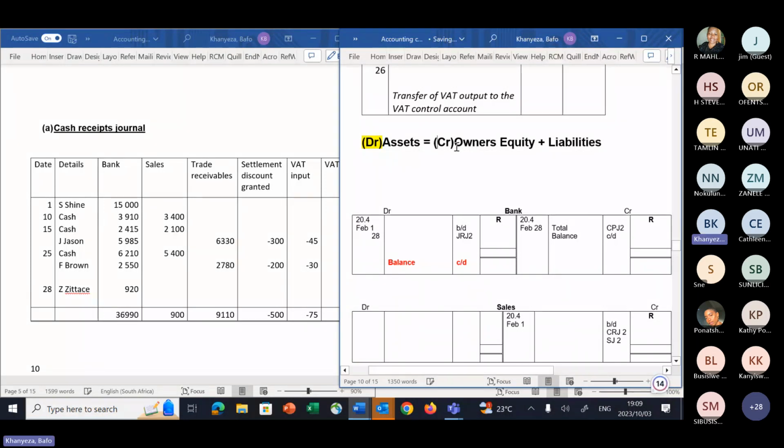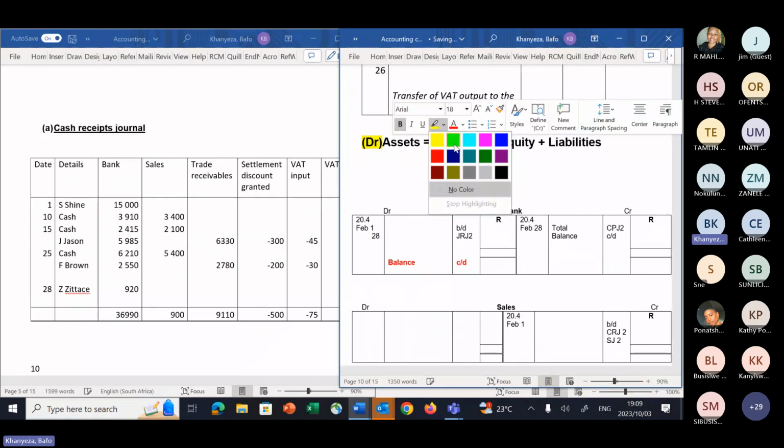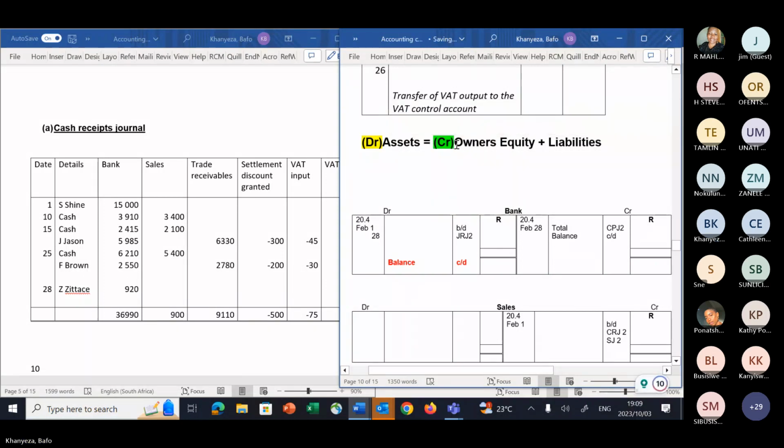The logic for owner's equity and liabilities being on the credit side is that they are more of the same. This is what the business owes. It owes the owner and it owes third parties, the liabilities. That's why these are on the credit side.